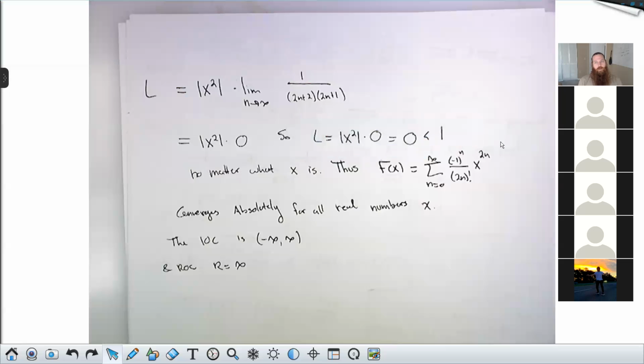So no matter what you plug in for x, this series will always pass the ratio test. In other words, this series always converges. Such a series, we say, has an infinite radius of convergence, and the interval of convergence is the set of all real numbers, interval -infinity to infinity.